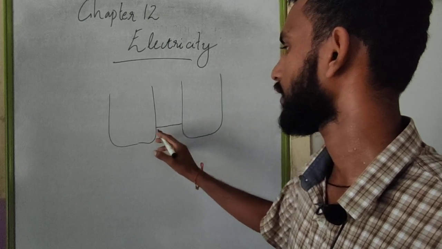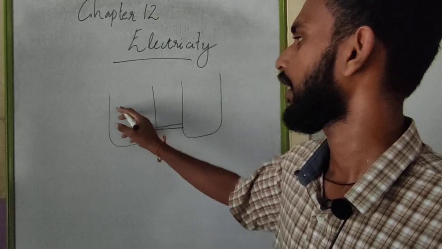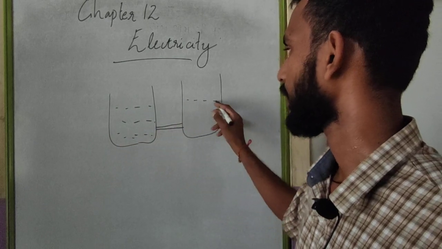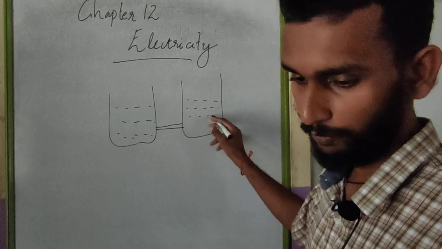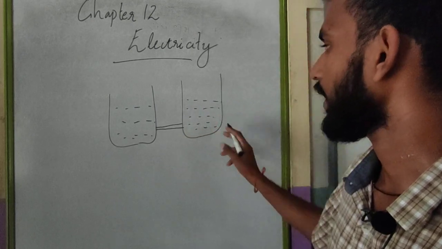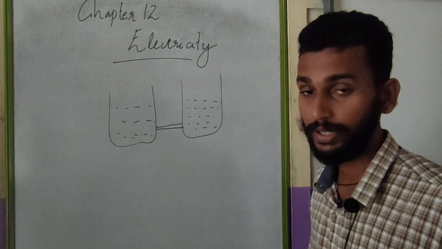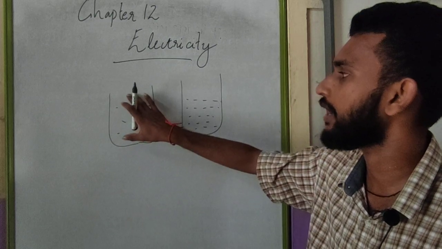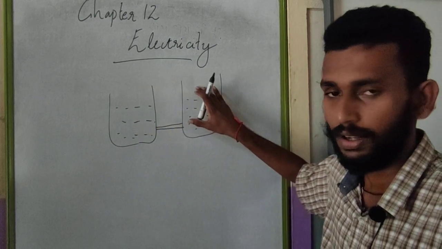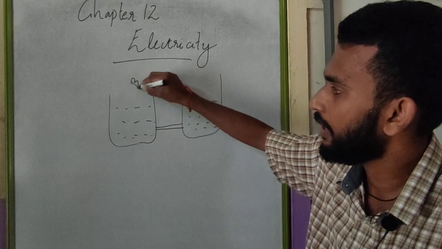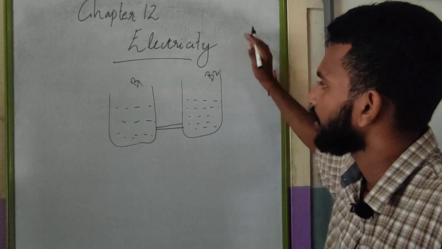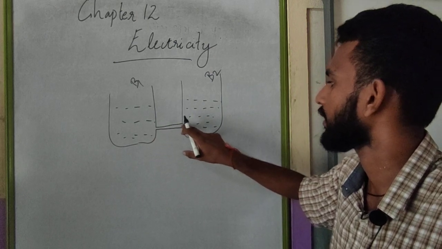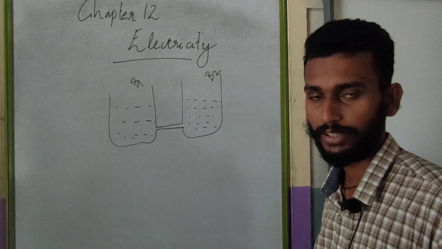The size and dimension of the beakers are equal, and in both beakers the same height of water is there. So you can see the pressure here will be equal to the pressure on beaker 2, that is B1 and B2. So there will be no flow of water through the pipe. Am I right? It's an equilibrium state actually.